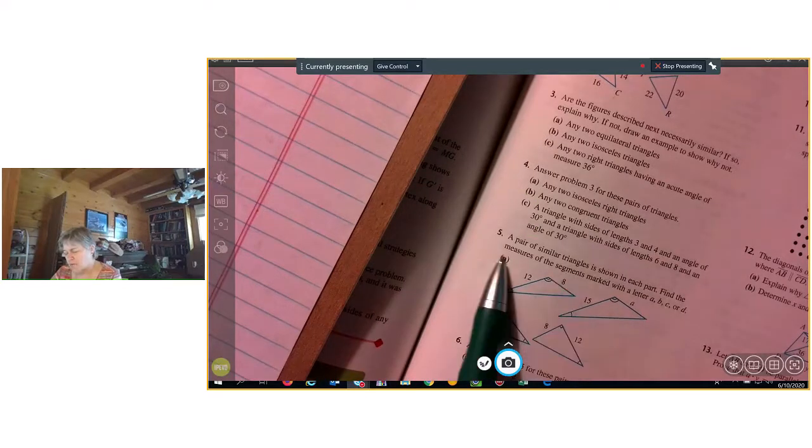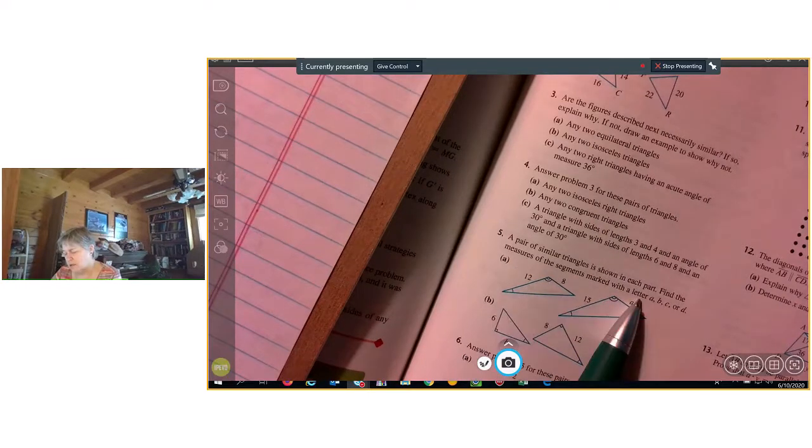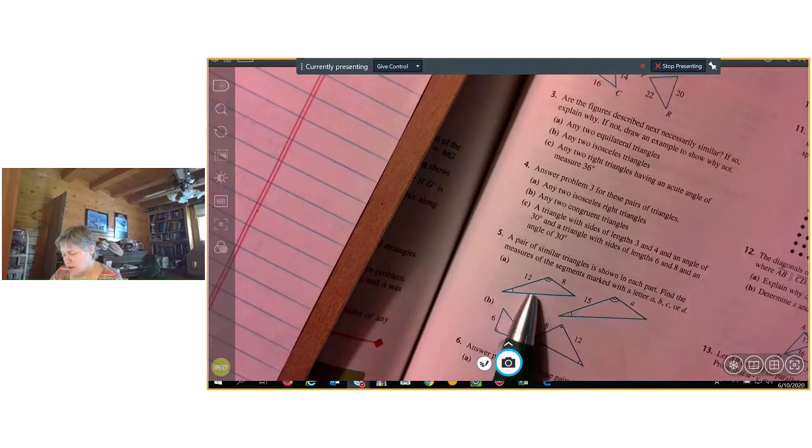Find the measure of the segments marked with letter A, B, C, or D. So in A, we're going to find this side, and in B, we're finding this side. So how are we going to do that?